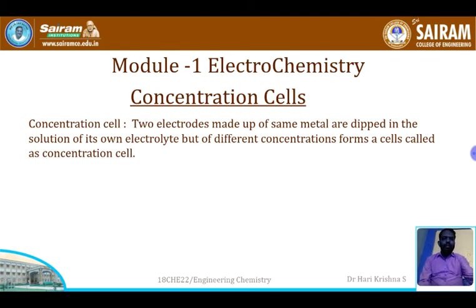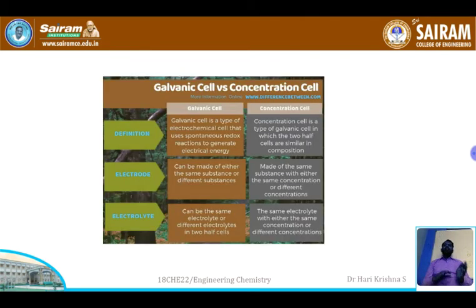So let us see how the galvanic cell and concentration cell will differ. As you know, the galvanic cell is a type of electrochemical cell that uses spontaneous redox reactions to generate electrical energy.